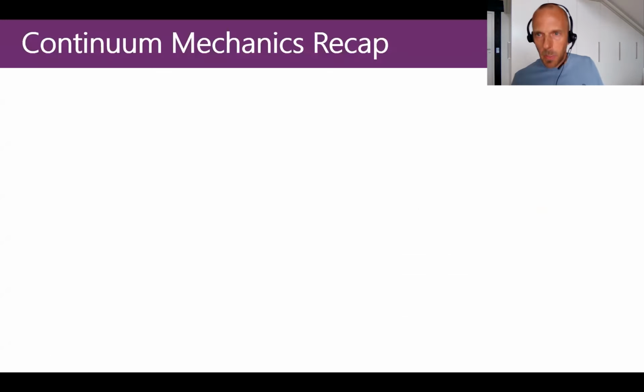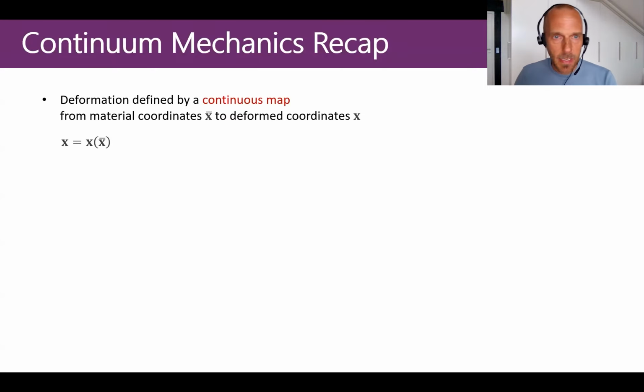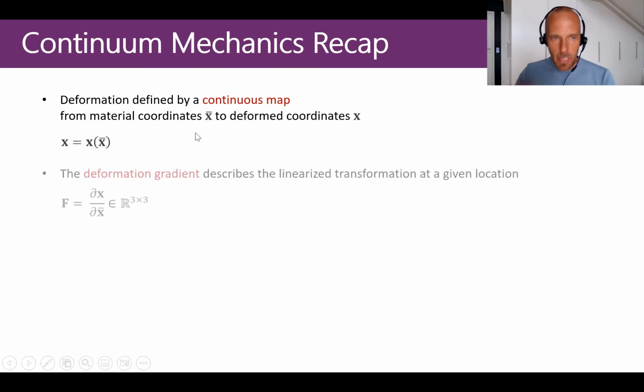So in order to explain to you how we do this, I have to give you a 1-page continuum mechanics recap. So in continuum mechanics, a deformation is defined as a continuous map between material or undeformed coordinates x bar and deformed coordinates x. Now, a very important quantity in continuum mechanics is the deformation gradient.